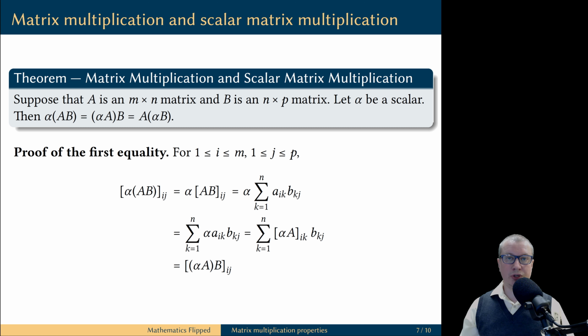But now you should recognize that the last summation is exactly the entry-by-entry formula for the entry in position ij of the product matrix, matrix alpha A multiplied by the matrix B. This establishes that the two matrices have identical entries and therefore they are equal.